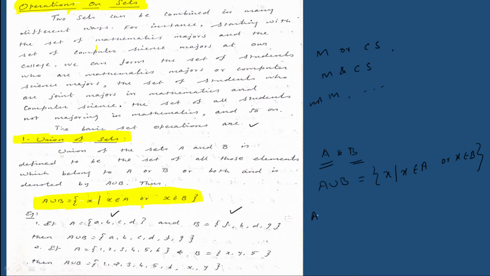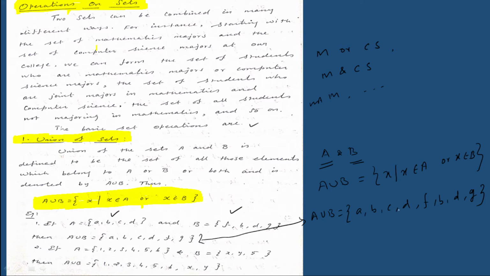So, writing A union B, first you write the elements of A, that is a, b, c, d, and then the elements of B, that is f, b, d, g. Look here, these two sets are equivalent because in a set, if one or more elements are repeated, the set doesn't change.